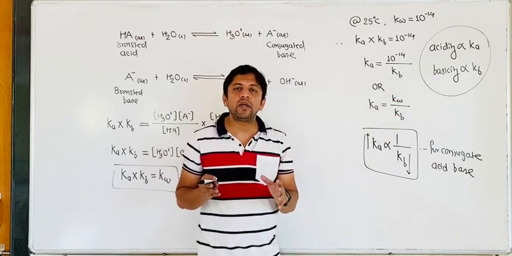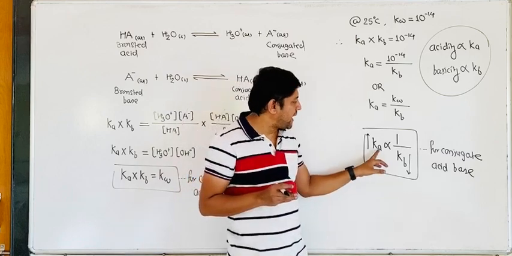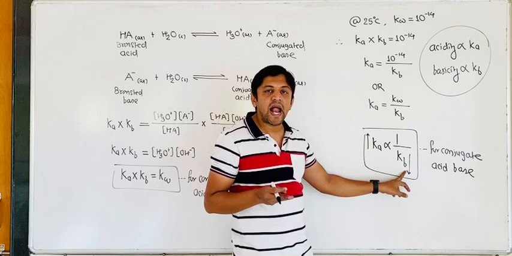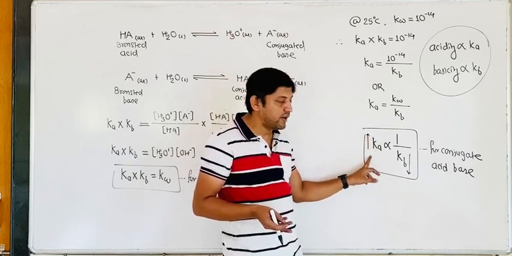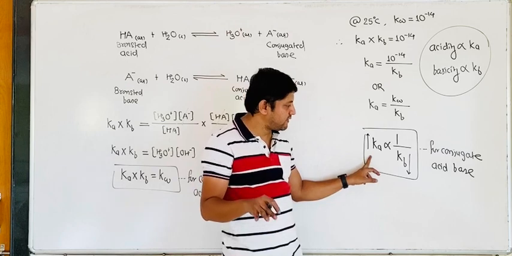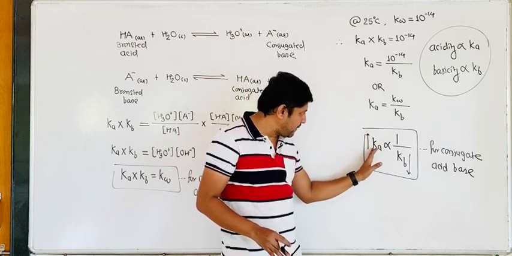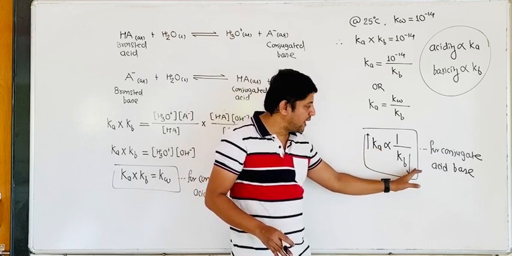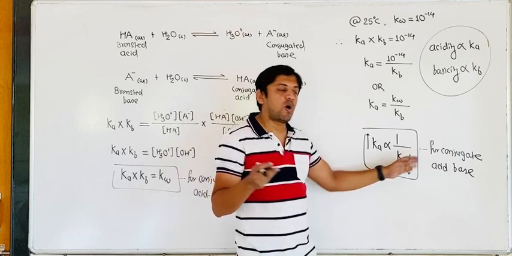That's why in Bronsted acid base theory we said when parent acid is stronger, its conjugate base is weaker and vice versa. If parent acid itself is weaker, its Ka value is less. If acid is weaker, Ka value is less, and if Ka value is less, for a conjugate base, Kb value is more. That means conjugate base is stronger.